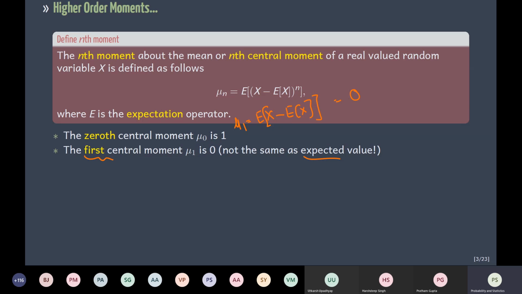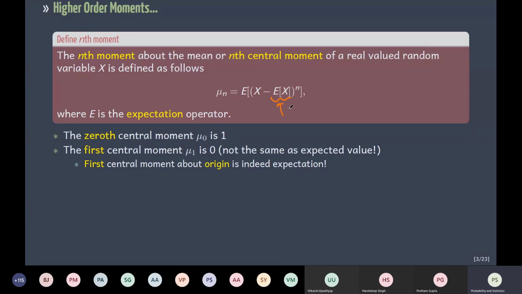But if you compute the first moment about the origin, or 0, then it indeed becomes the expectation. Here we are computing about the mean, so this is a moment about the mean.